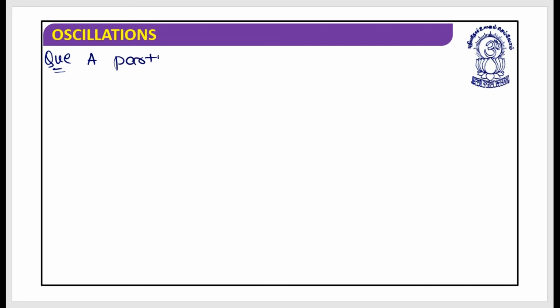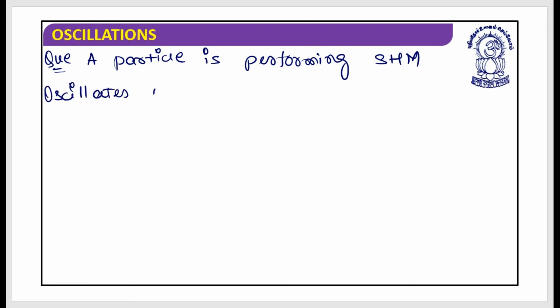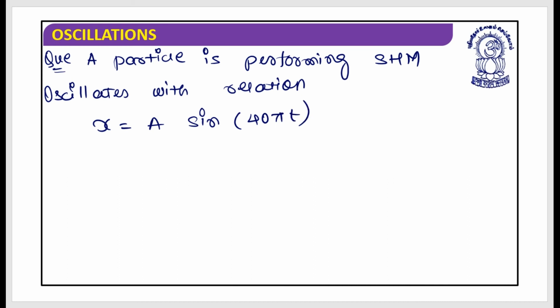A particle is performing SHM and oscillates with the relation given as x equals a sin 40 pi t.